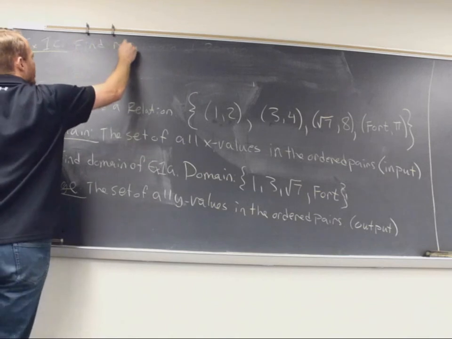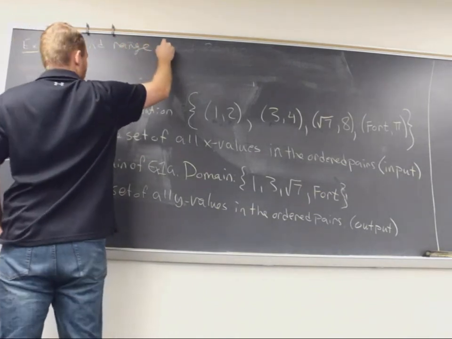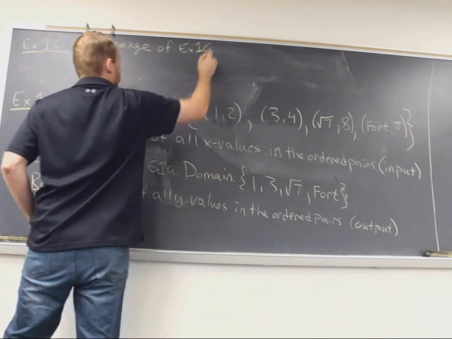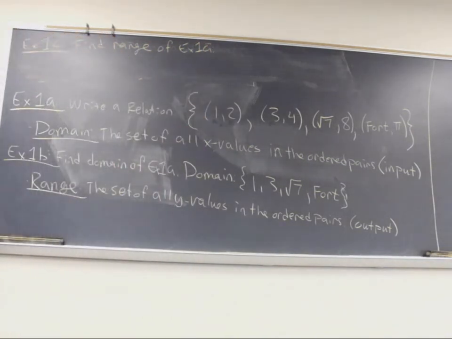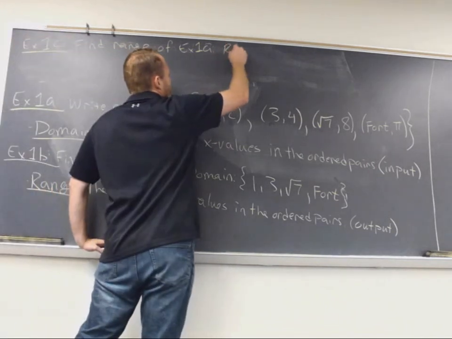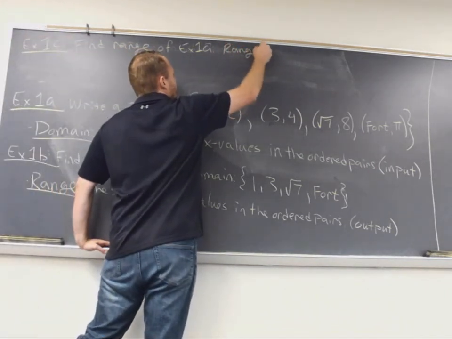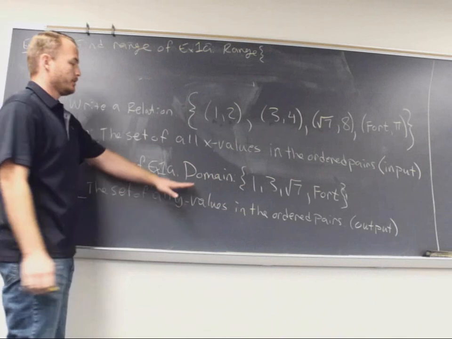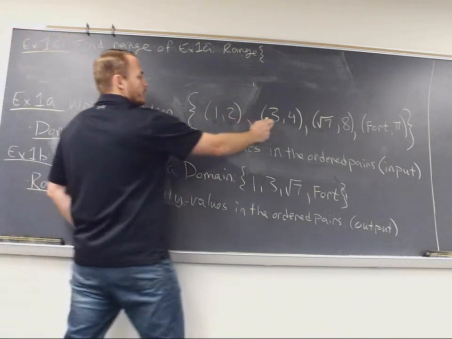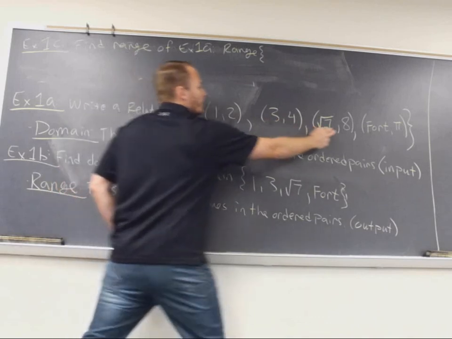Find the range of example 1a. And so we just write range and open that squiggly bracket. It's going to be very similar to this, except now we're using the output or the y's of each ordered pair. So 2, 4, 8, and pi.